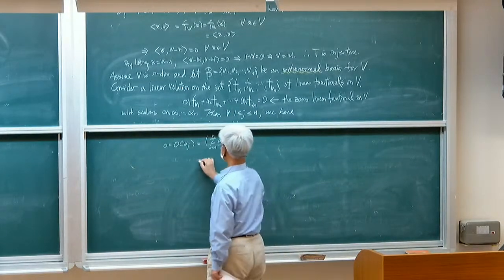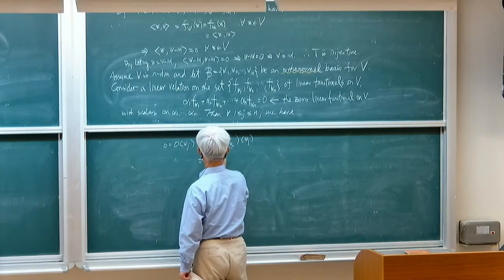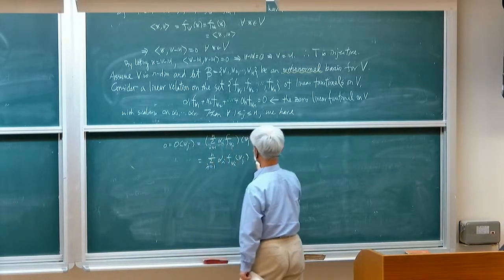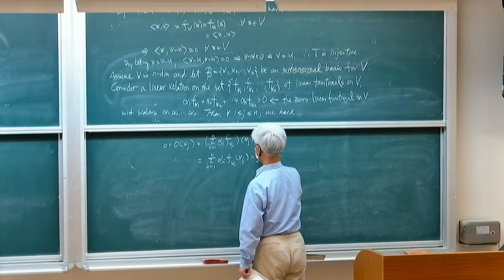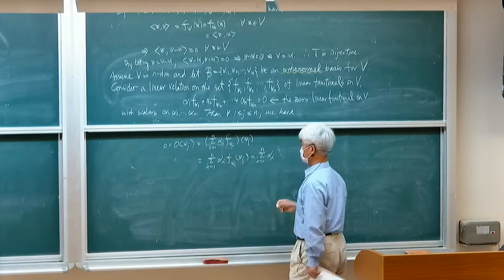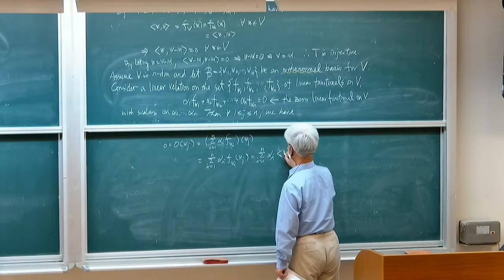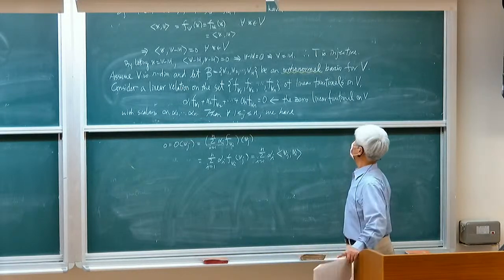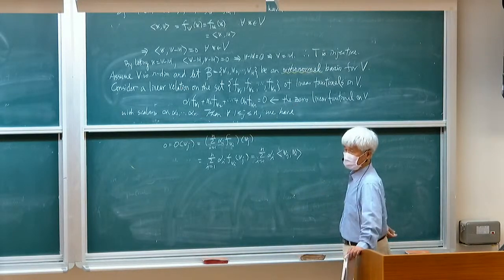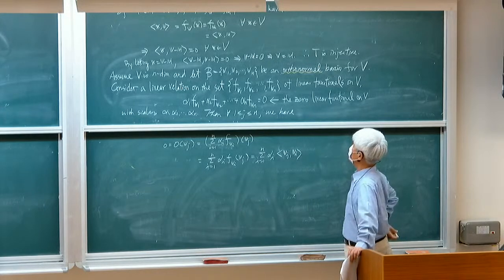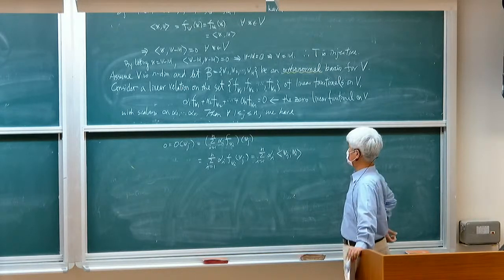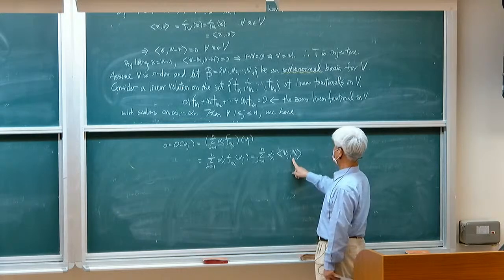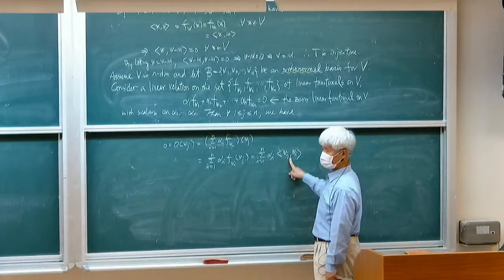By definition, alpha i f_vi at v_j is equal to the inner product of v_j and v_i. But the v_i's are orthonormal to each other, because we purposely select an orthonormal basis, so this inner product is 0 except when i equals j, where it is equal to 1.